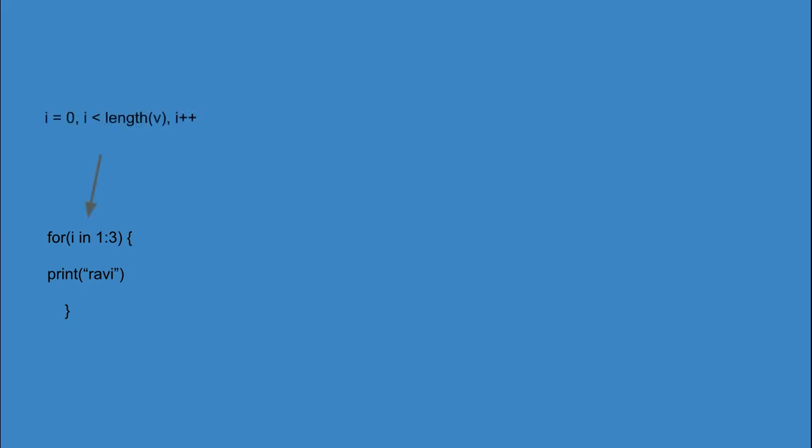For i in 1:3, where 1:3 means 1 to 3. And if you write 1:10, it means 1, 2, 3, 4, 5, 6 till 10.